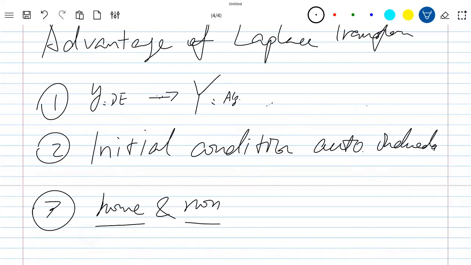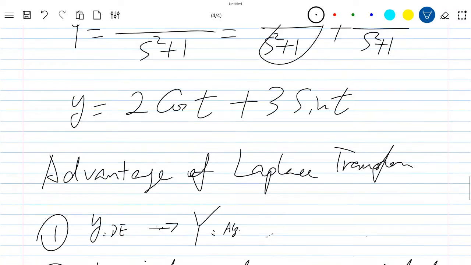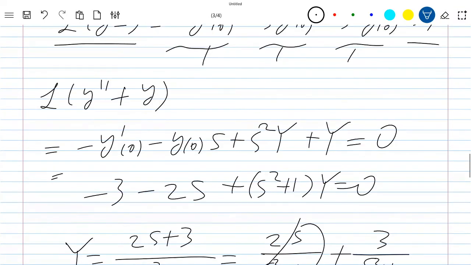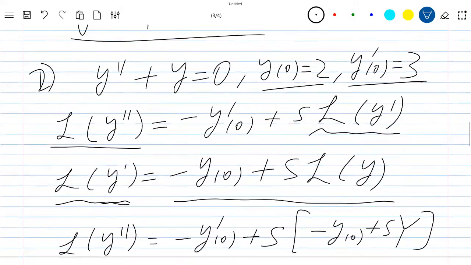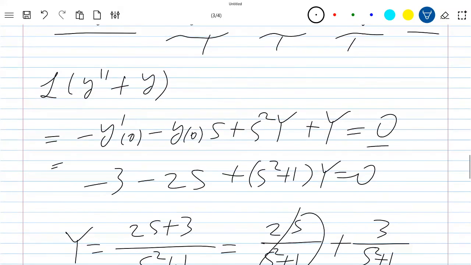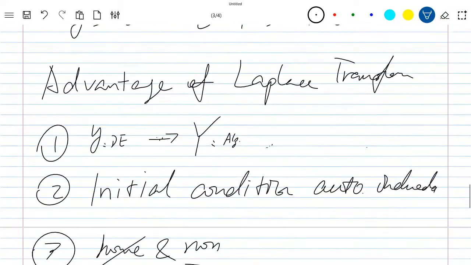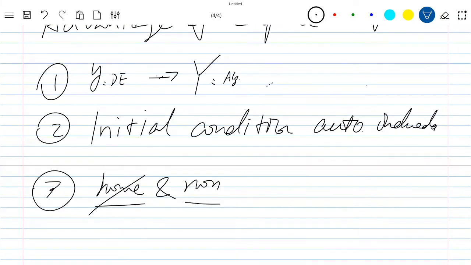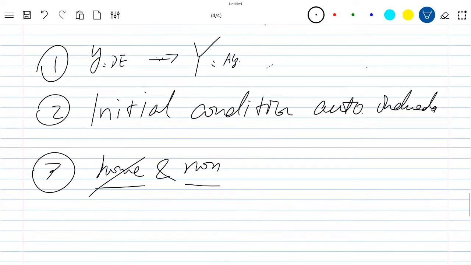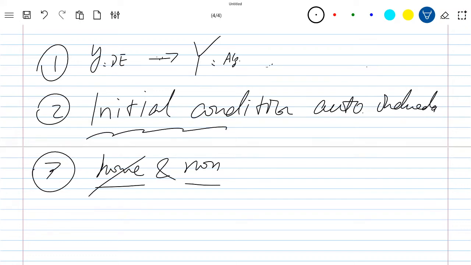We only need to solve the non-homogeneous directly for the Laplace transform, because you can just get to your right-hand side, in this case happens to be 0. But if it's not 0, then you get whatever you have on the right-hand side, and you get your solution directly. So you save quite a few steps, right? You automatically included your initial condition and right-hand side, and it's an algebraic equation.